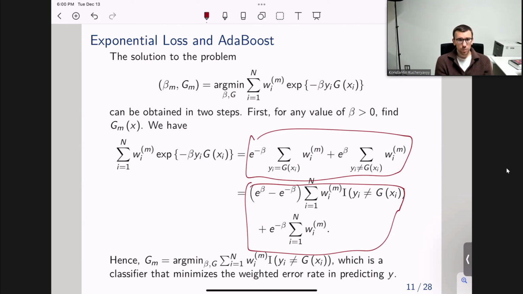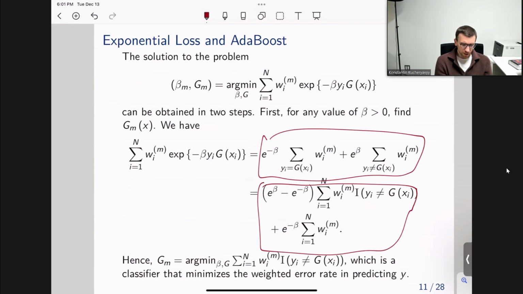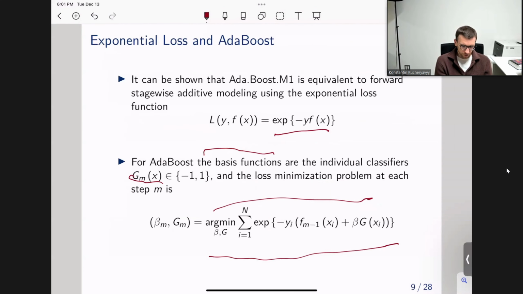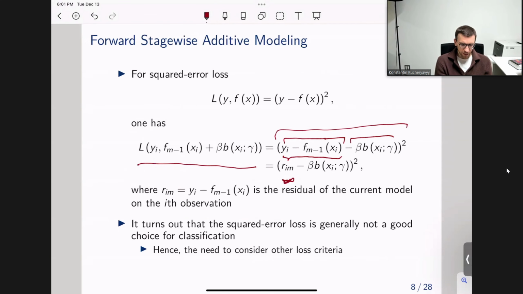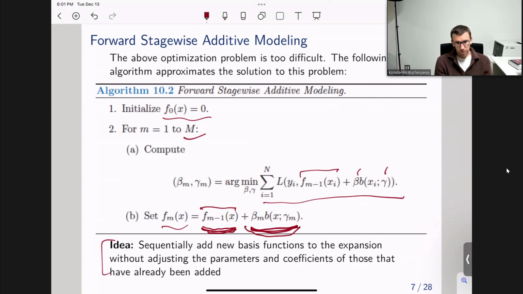And that's where we need to start doing more work and thinking about how to solve this kind of procedure with more general loss functions. And that's where gradient boosting comes in.